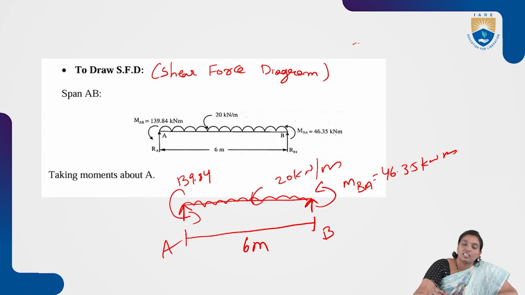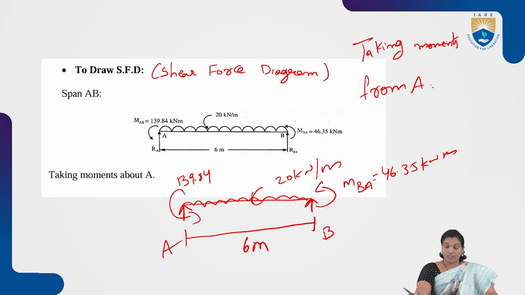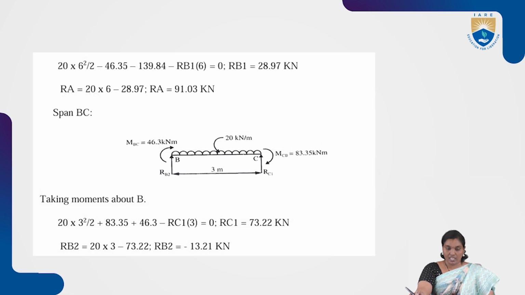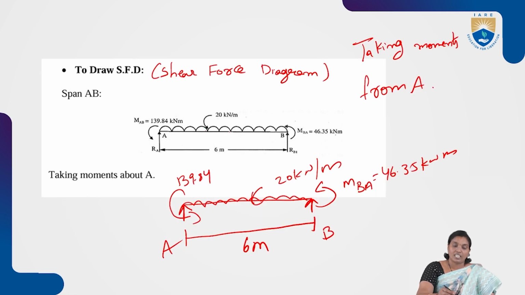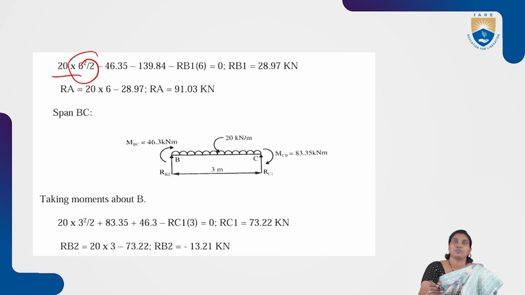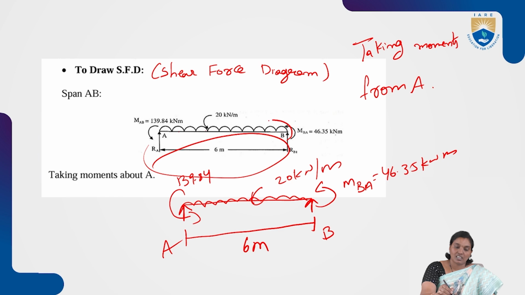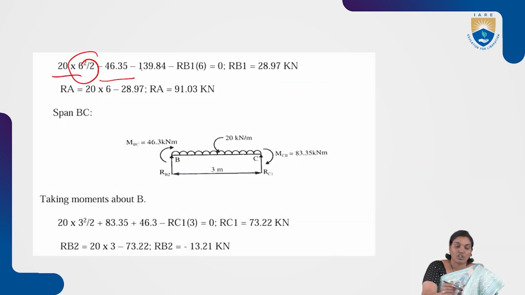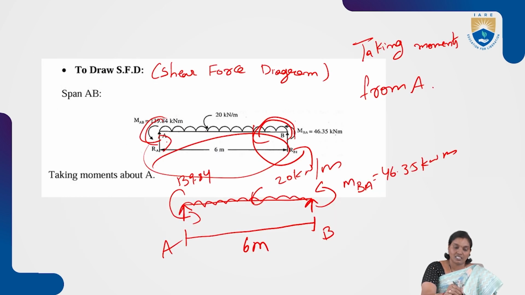Now taking moments from A to draw the shear force diagram. So 20 into 6 square by 2, this indicates the negative sign, so minus 46.35, and this also indicates minus.